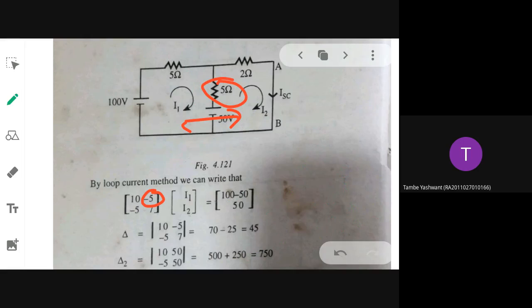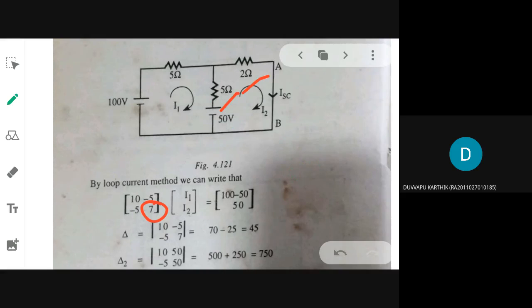Similarly R21 is also minus 5, the common resistance between the two meshes. For R22, the sum of resistances in the second mesh: 5 ohm plus 2 ohm, that's 7.